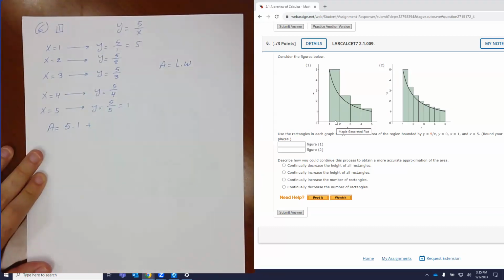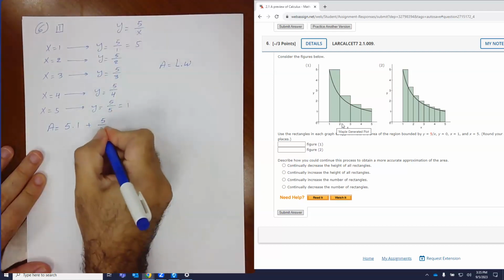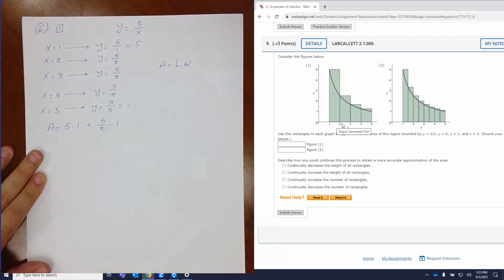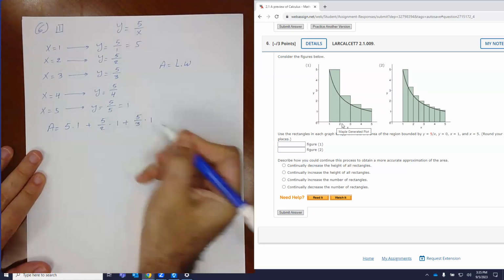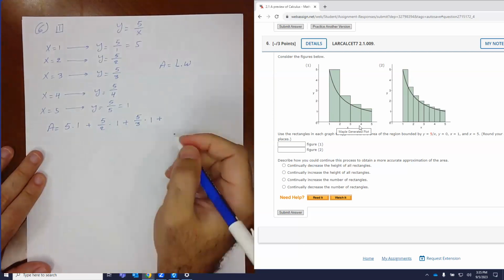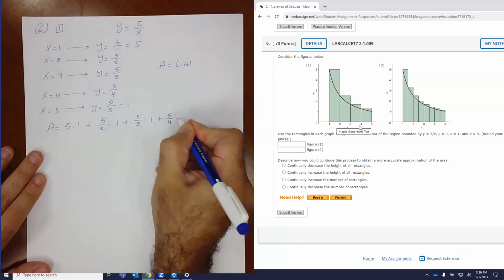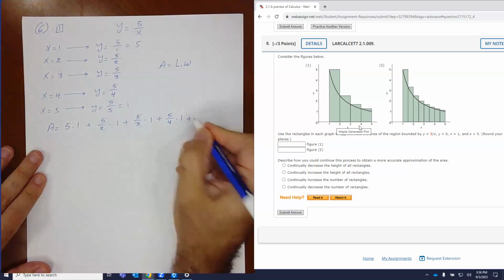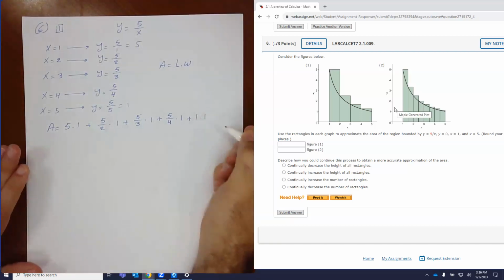For the second, the length is 5 over 2 times the width 1. For the third, the length is 5 over 3 times the width 1. For the fourth, the length is 5 over 4, the width is 1. And for the last one, there is no rectangle here. The length is 1, the width is 1. It's not going to change anything, so we can keep it 1 times 1.